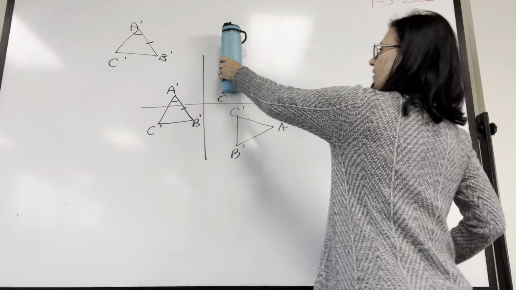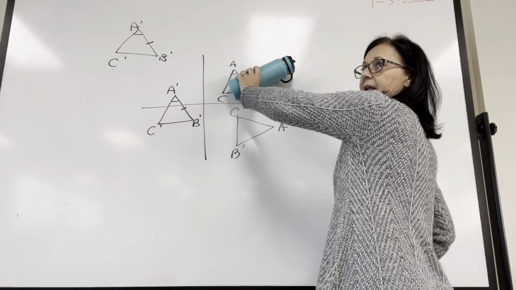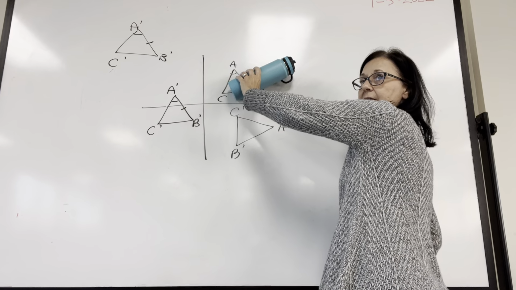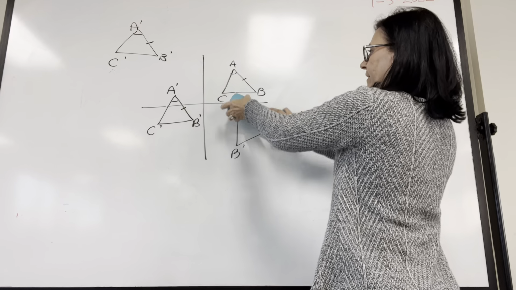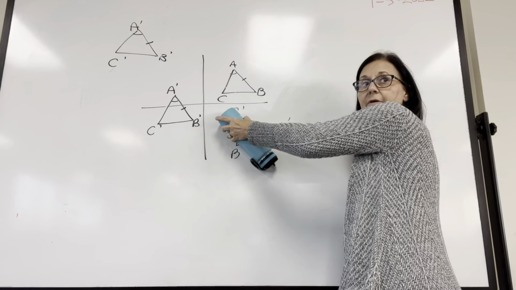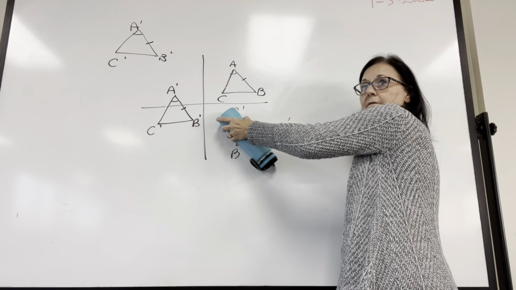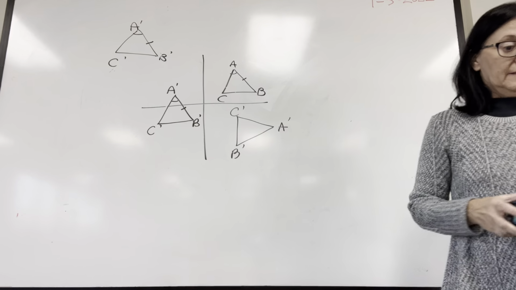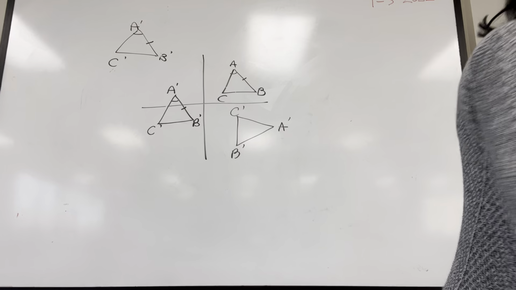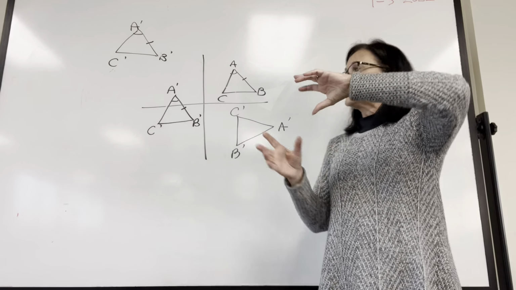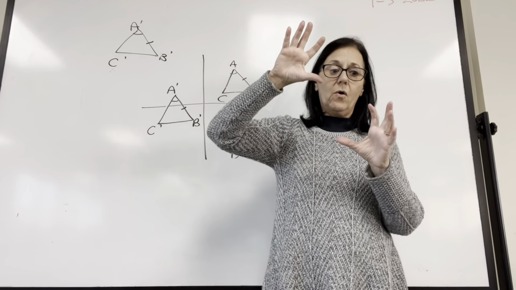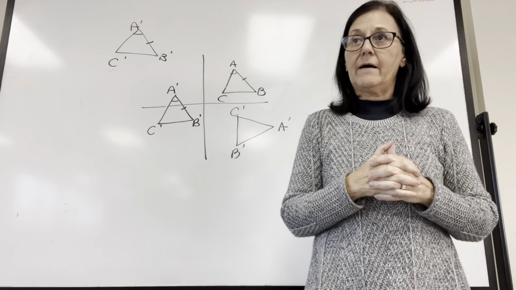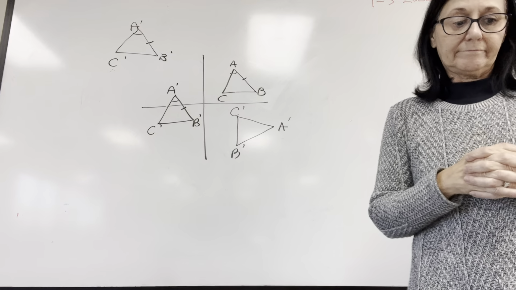I could go here and I could just slide it here and that's a rotation. Does that make sense? I could go here and I could slide it around to here and that could be a rotation. Does that make sense? So with the rotation, A is not always at the top. It's somehow rotated around. Does that make sense?